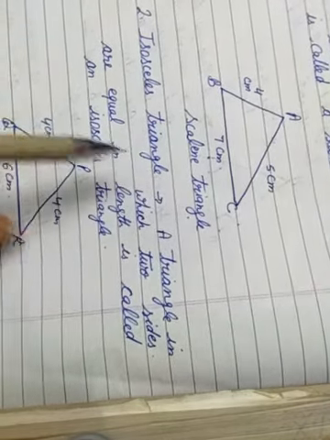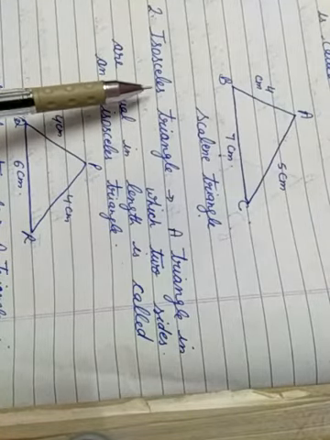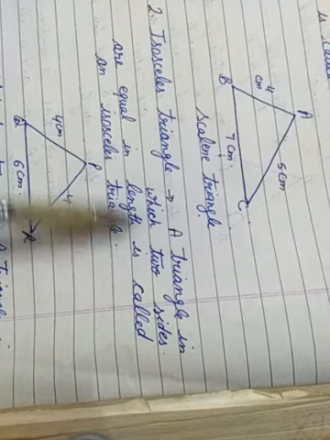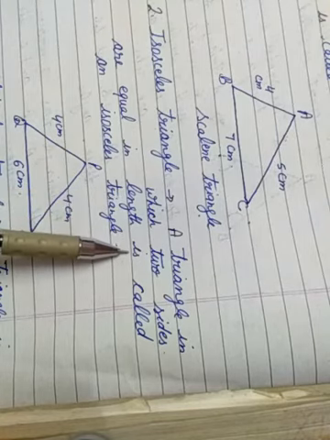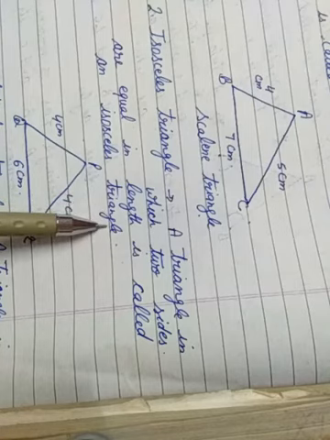Number 2, isosceles triangle. A triangle in which 2 sides are equal in length is called an isosceles triangle.